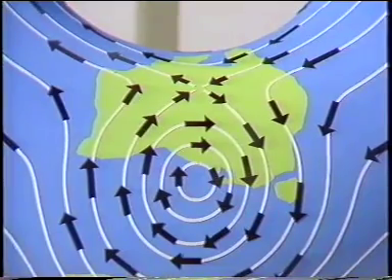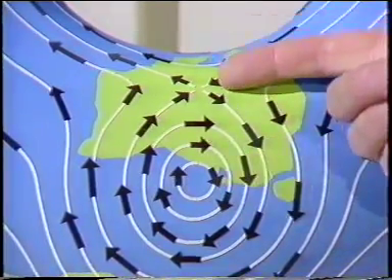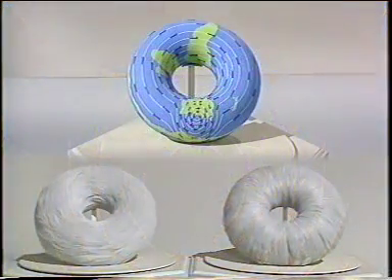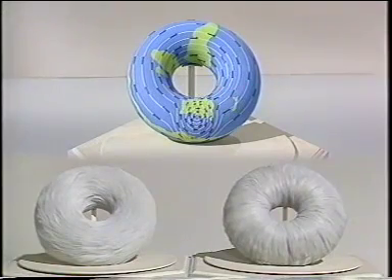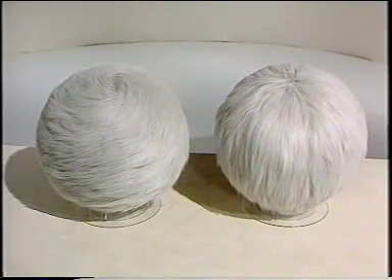So the index sum is 0, +1 and -1. So all three flows we've seen on the torus have index sum 0. And the two flows we've seen on the sphere each have index sum +2.